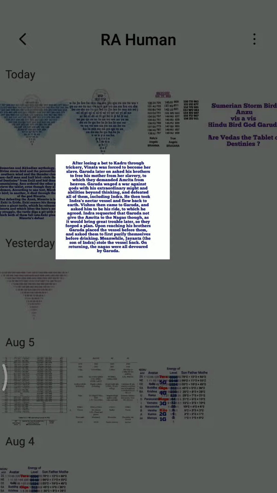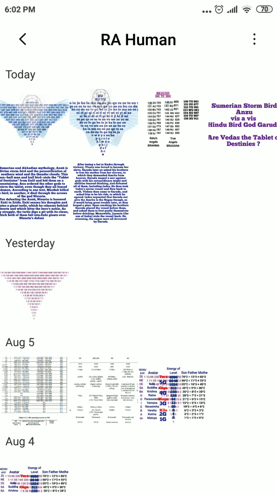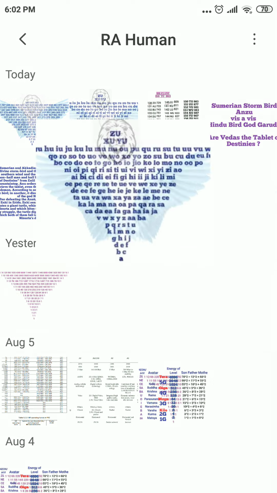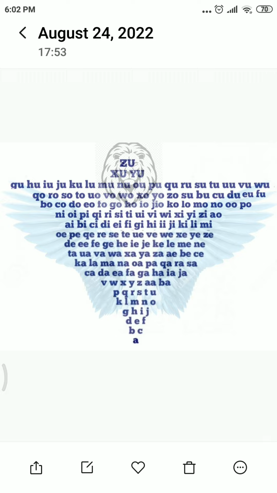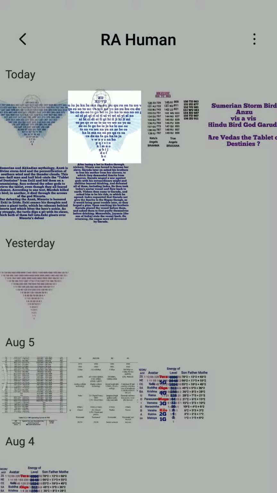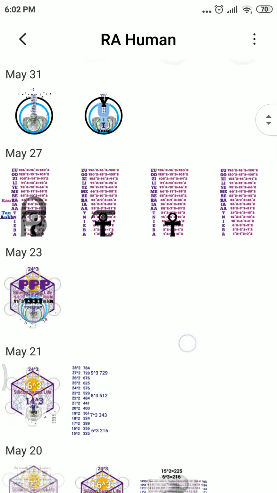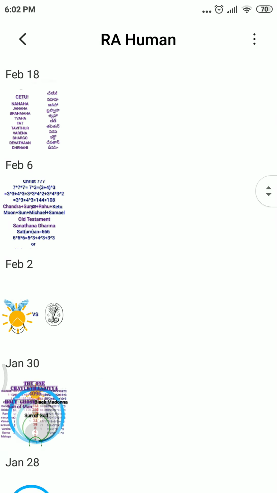So I tried to basically put all the letters, English alphabets, and not just English alphabets. If any of you follow my videos, you will know the logic behind the alphabets.